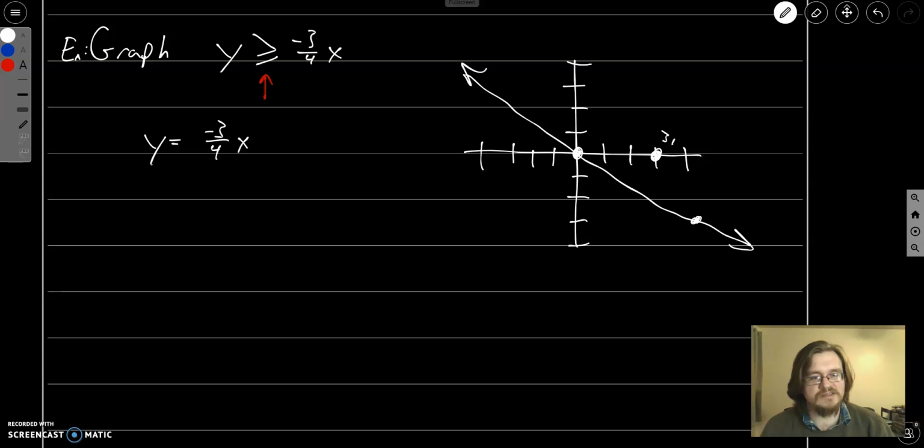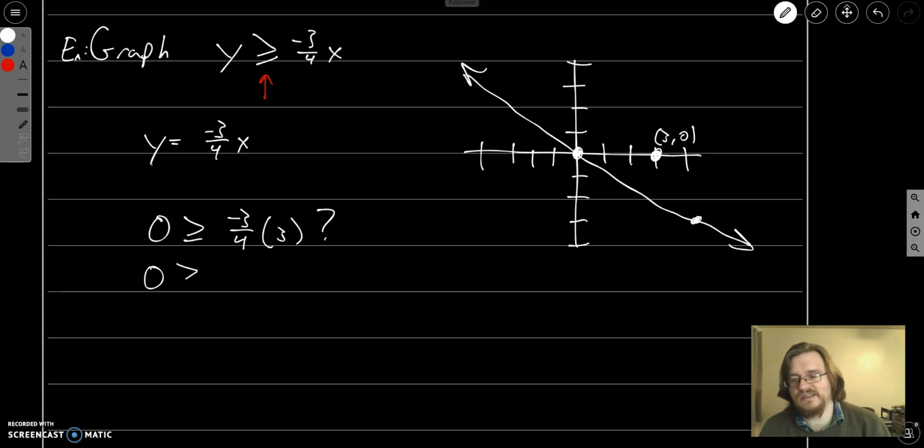So this point is 3, 0. It's 3 over and 0 up. So let's see if that makes this true. So I'll plug a 3 in for x and a 0 in for y. So is 0 greater than or equal to -3/4 times 3?